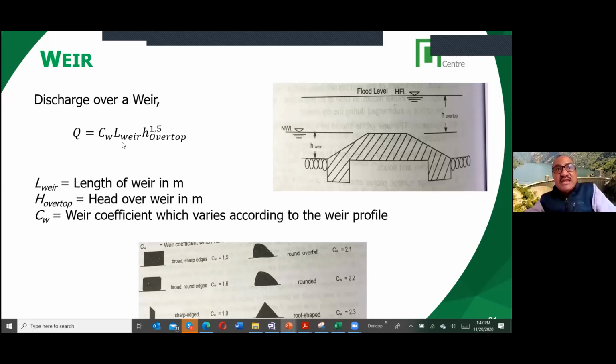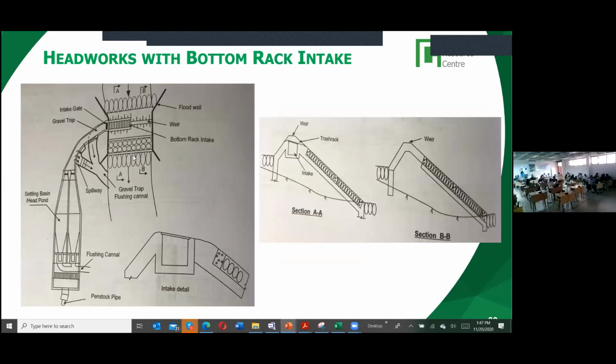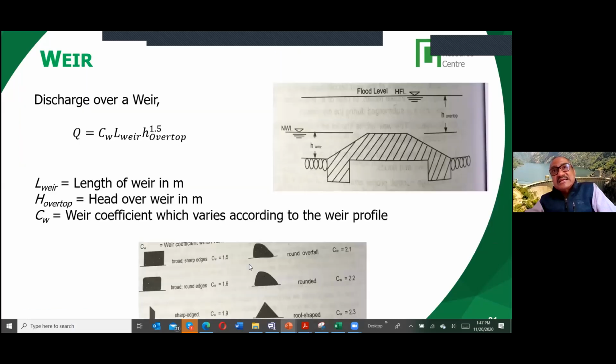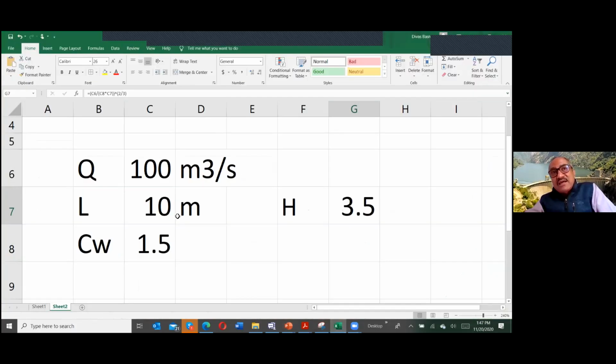Or we have to increase the length of the weir, and the length of the weir is sometimes restricted by the river channel also. So you may have to increase the bank width to be able to pass this discharge. If you want to pass 100 cubic meter per second, the head would be 3.5.